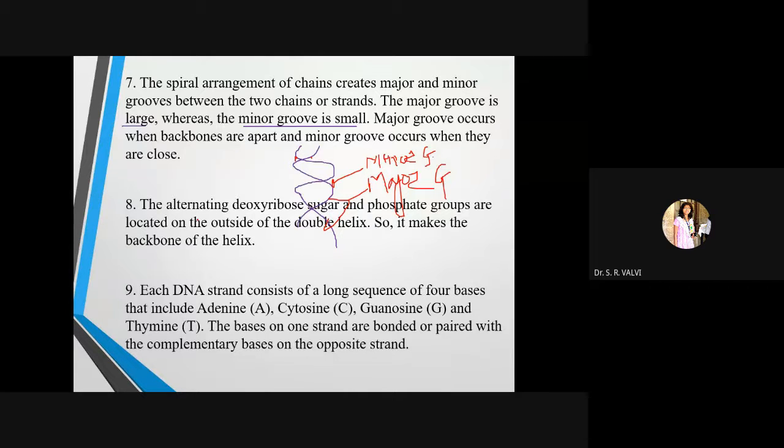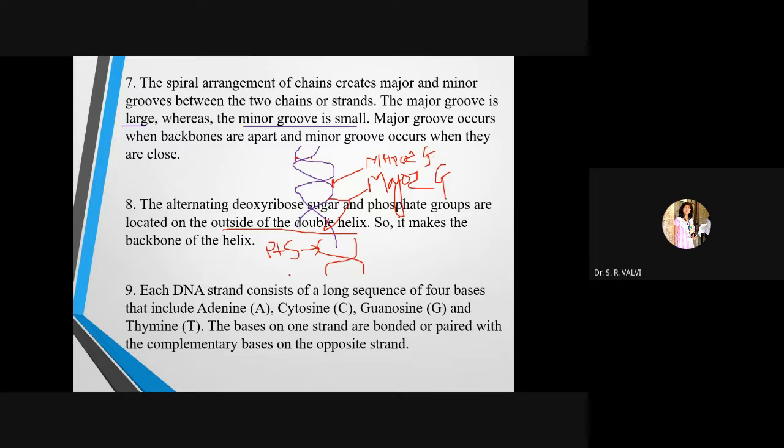Now the next characteristic: alternating deoxyribose sugar and phosphate groups are located on the outside of the double helix, so they make the backbone of the helix. Always remember, whatever we are saying about the double strands, each strand is made up of phosphate group plus sugar.